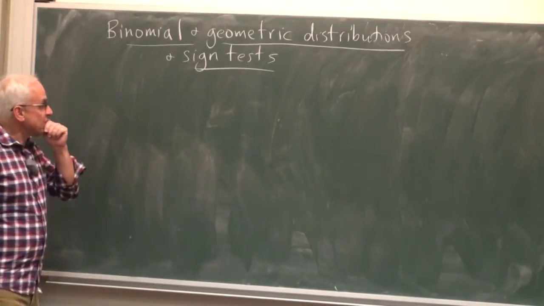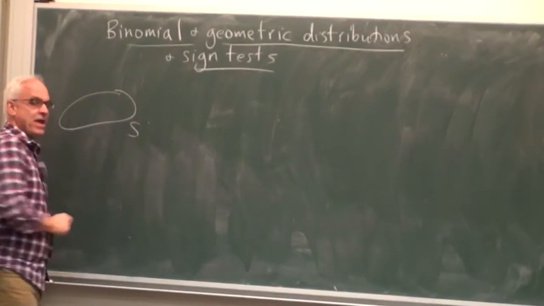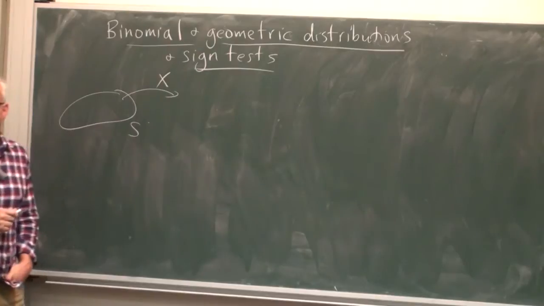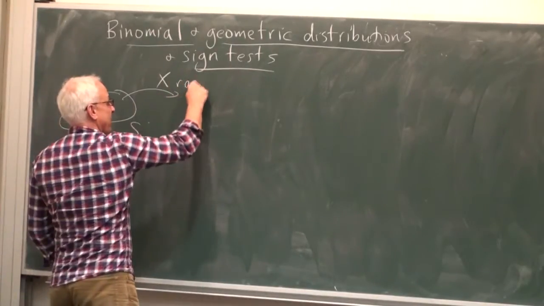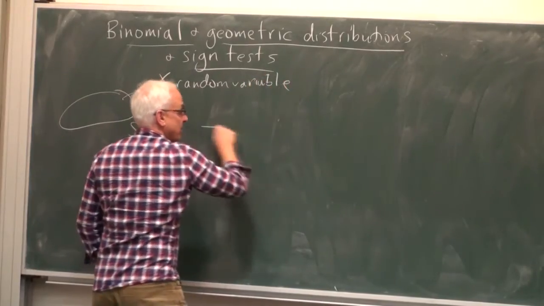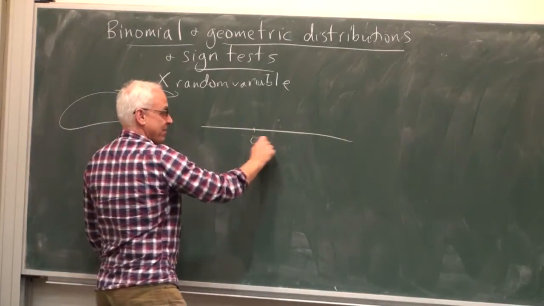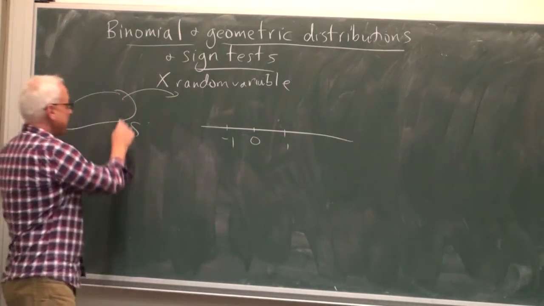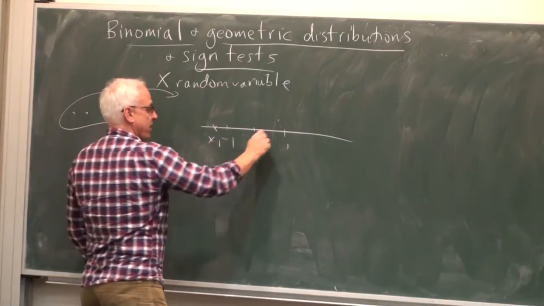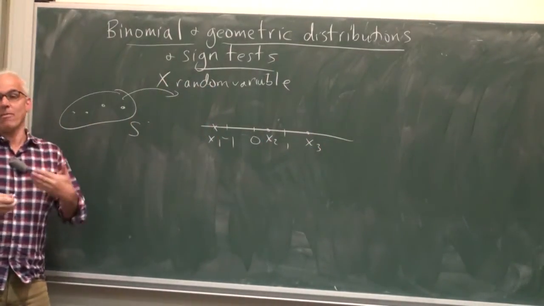So let me remind you the general situation is we had a sample space S and we had a function on that. Okay, a function is just a random variable, and that takes values. Let's put it on the horizontal line now. Takes values on the line, and these various values that we get, say x1, x2, x3, and so on, come with certain probabilities.